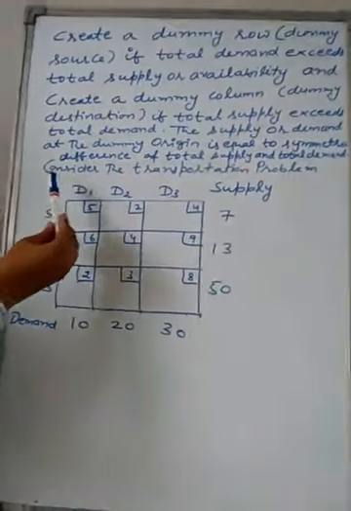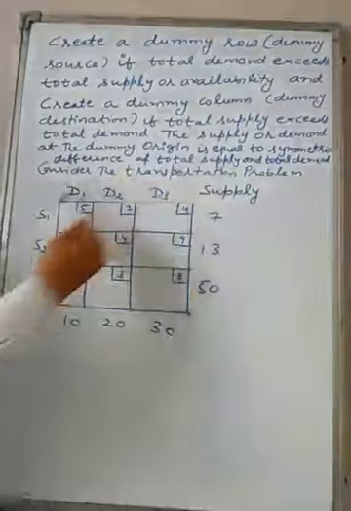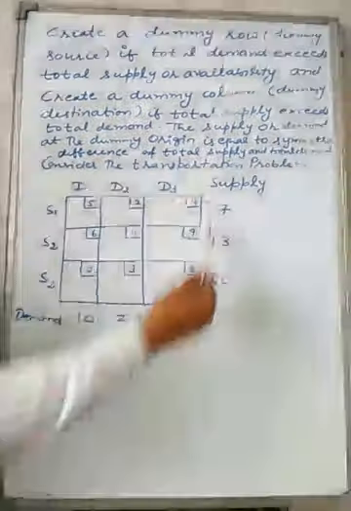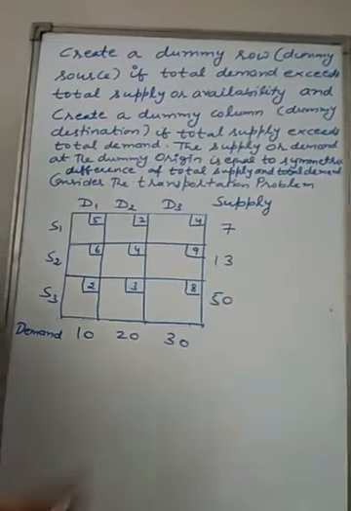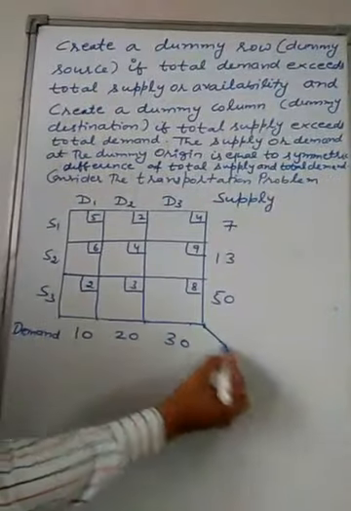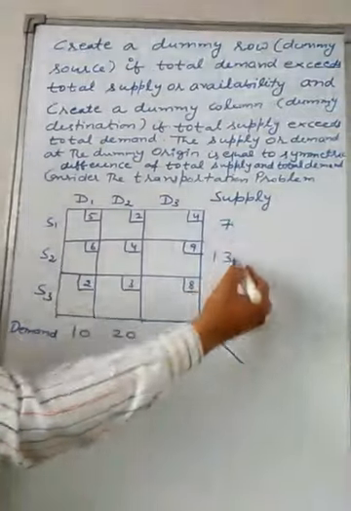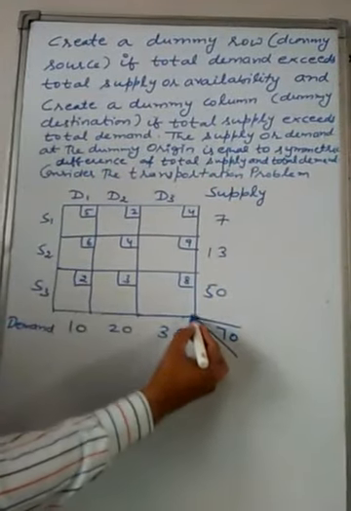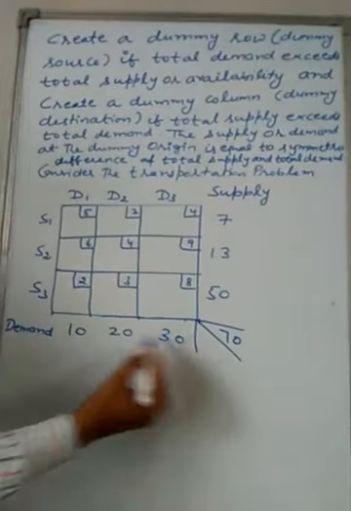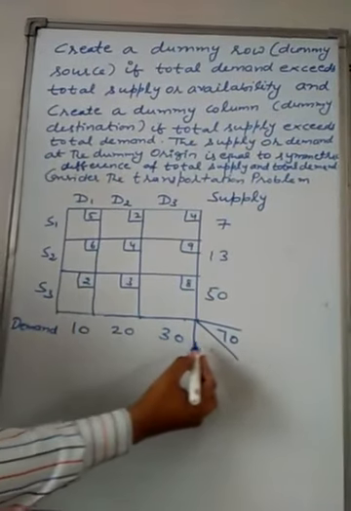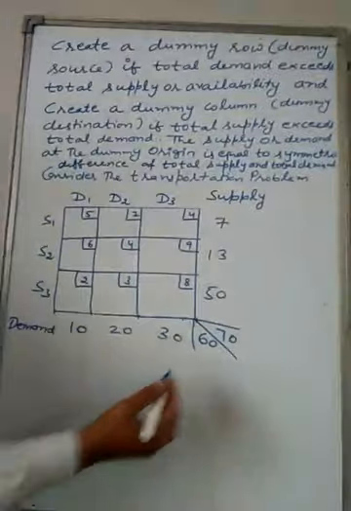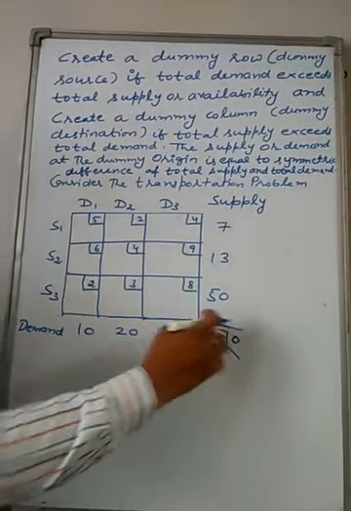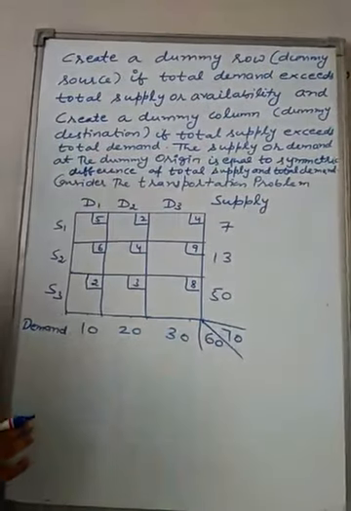Now take another example. Consider this transportation problem. This is again an unbalanced transportation problem, as total supply is 7 plus 13 plus 50 equal to 70, and total demand is 10 plus 20 plus 30 equal to 60. As total demand is not equal to total supply, it is an unbalanced transportation problem.